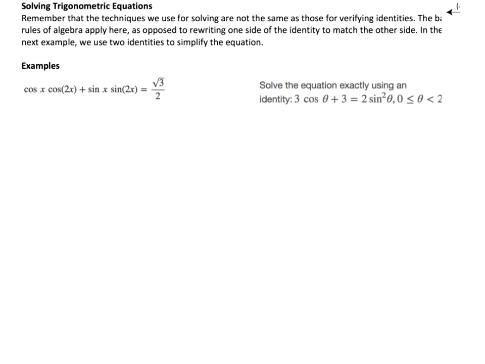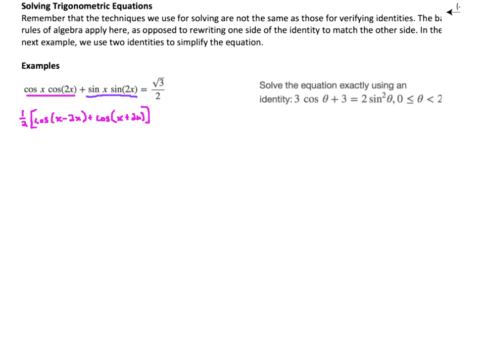Okay, so according to our product to sum rule, cosine x times cosine 2x is the same thing as 1/2 times the cosine of x minus 2x plus the cosine of x plus 2x. So that's just that first term there. And now, for the second term, I have the product of the sine of 2 different angles, alpha and beta.